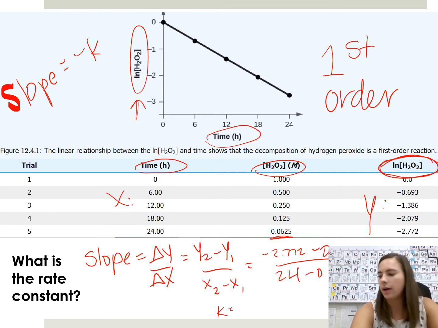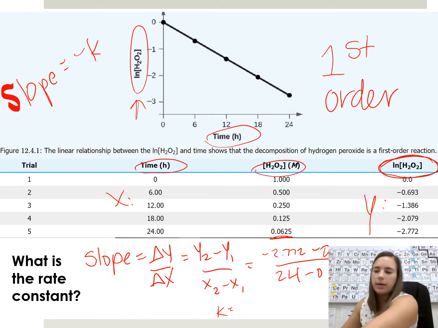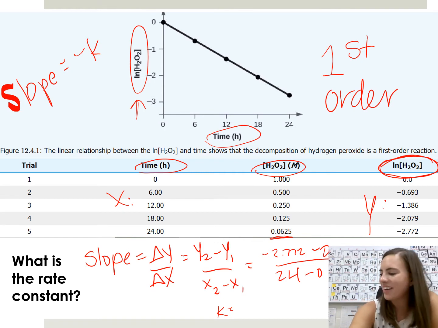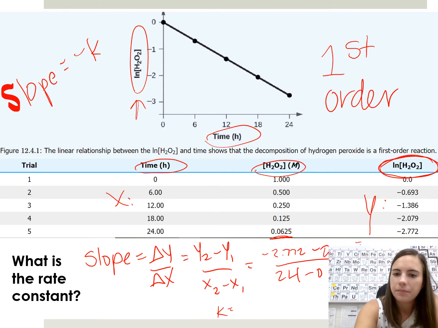So when I calculate that, I'm going to get negative 0.1155.